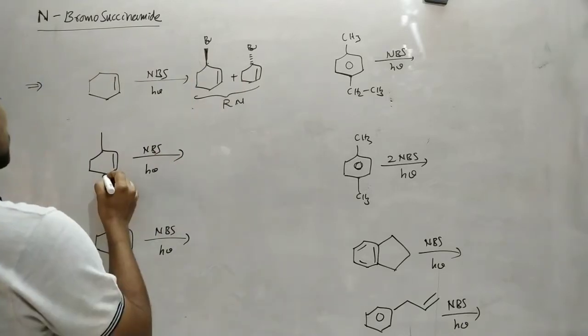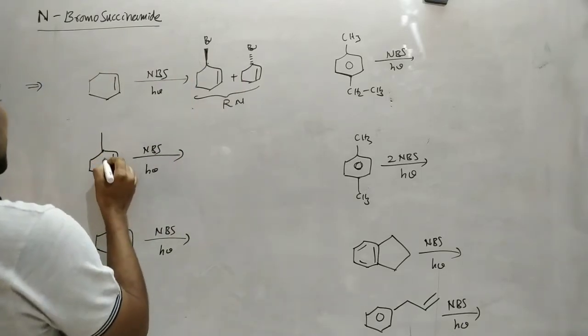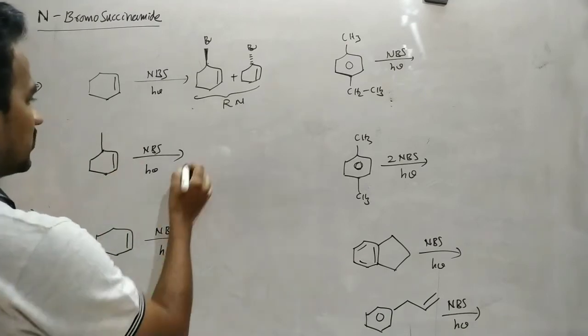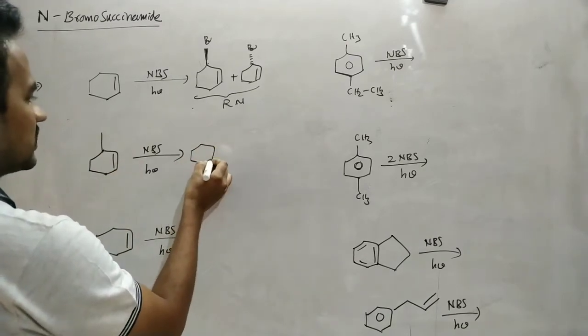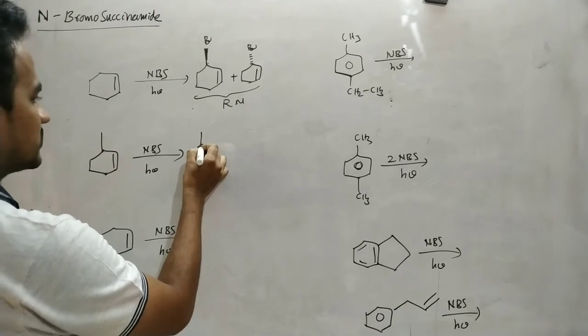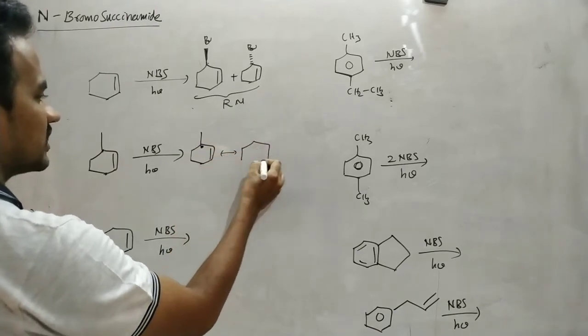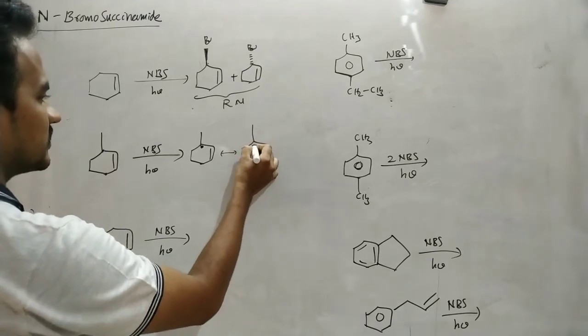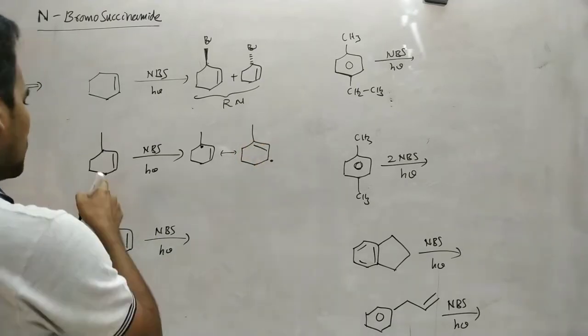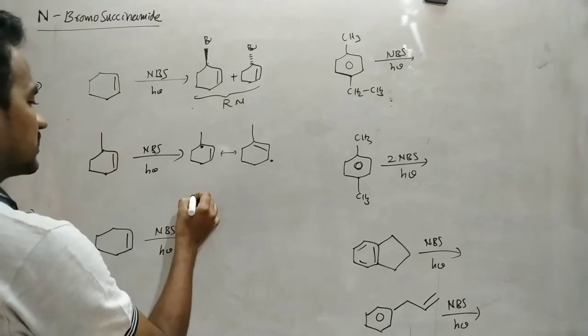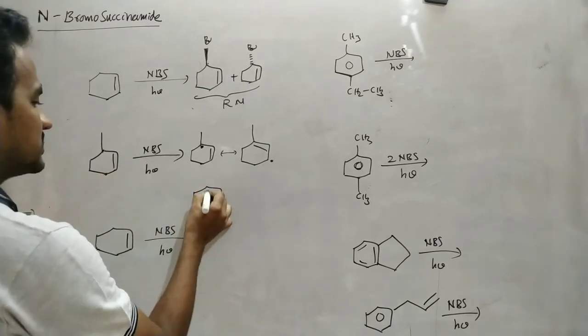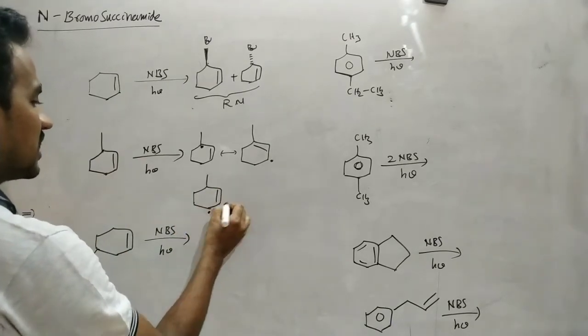Next, in this case there are two types of chiral carbon. It is the allylic carbon, it is the allylic carbon, so either allyl radical is produced. This allyl radical can rearrange like this, or this hydrogen can be removed, and as a result this is the allyl radical.